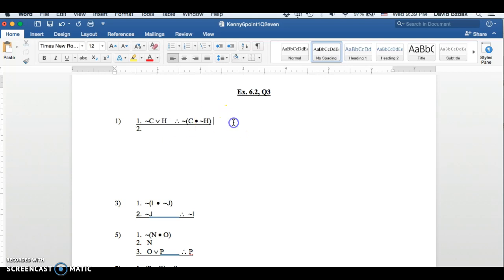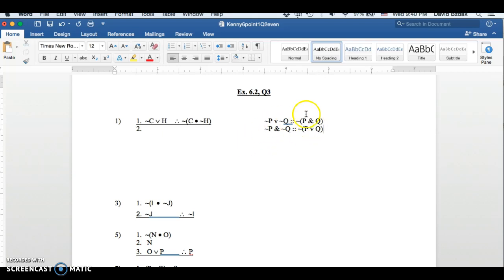If you remember De Morgan's rule, it tells you that not (P or Q) is logically equivalent to not P and not Q. This four dots here just means logical equivalence. And it can go the other way too. If you have not P and not Q, that's logically equivalent to not (P or Q).